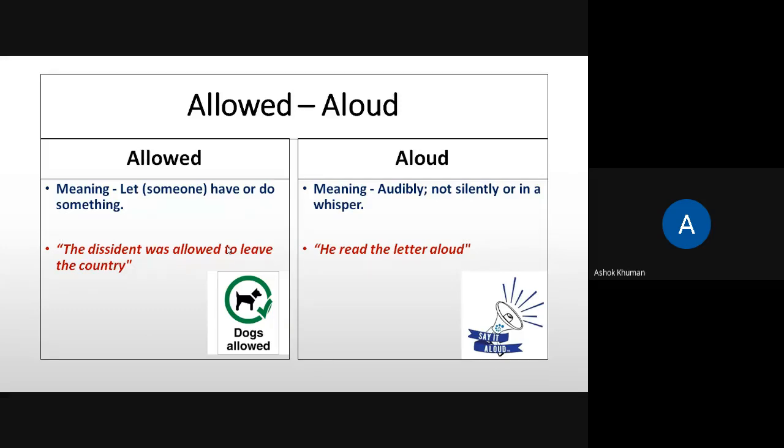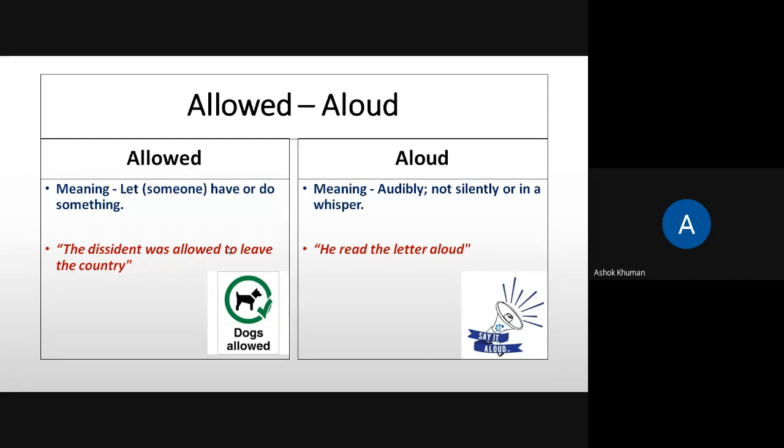So, the dissident was allowed to leave the country. A dissident means any person who dislikes the current government. He always protests, and he is not in favor of what is going on in the nation.